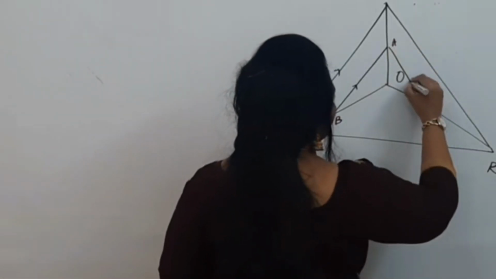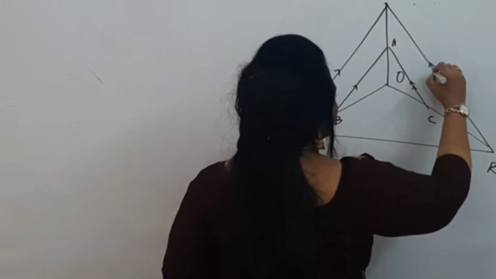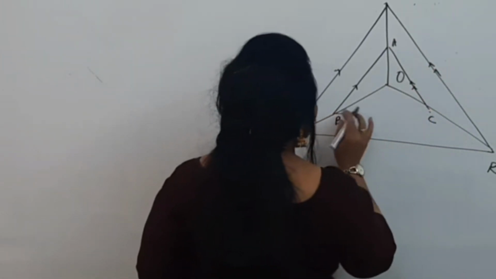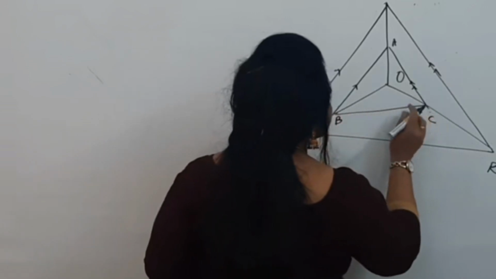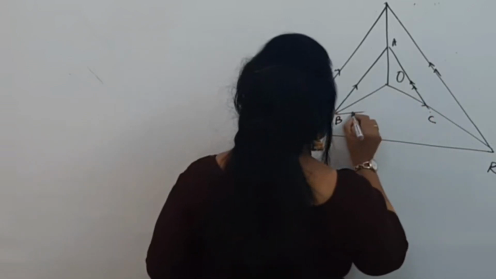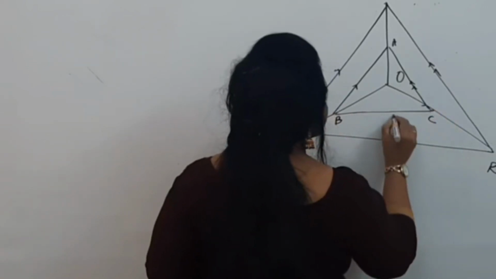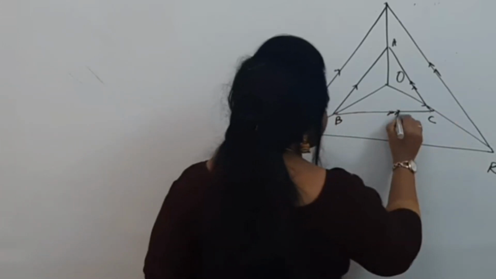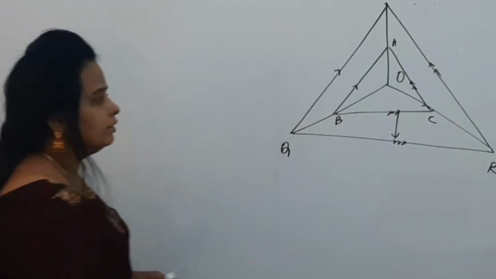So AC parallel to PR, I have to prove BC parallel to QR.